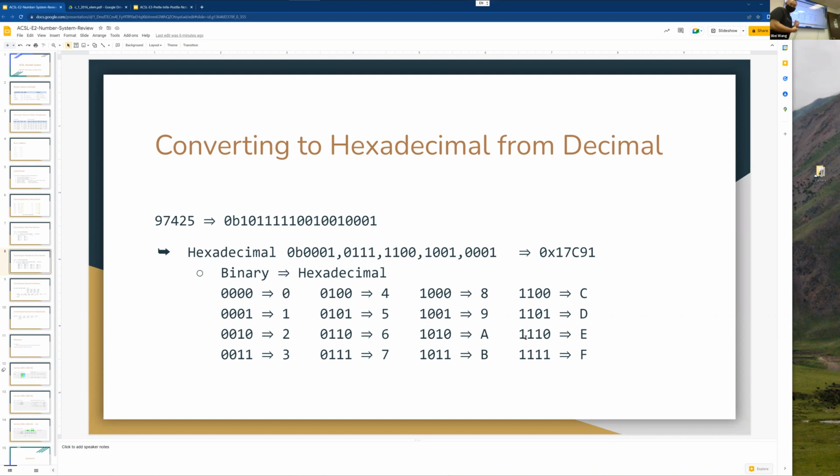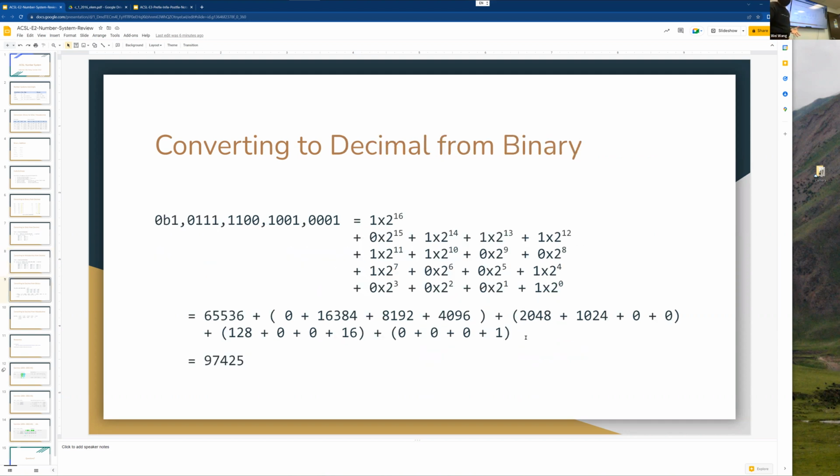These are ways for us to do these kinds of conversions, and we'll do some exercises a little bit later. Okay, and now if we want to convert from binary back into decimal, how do we do that?